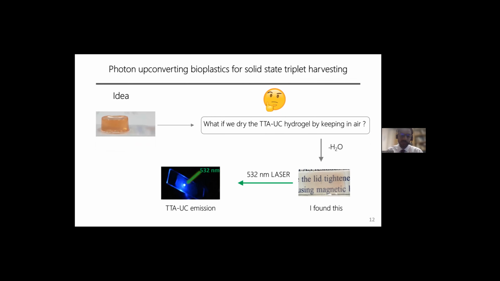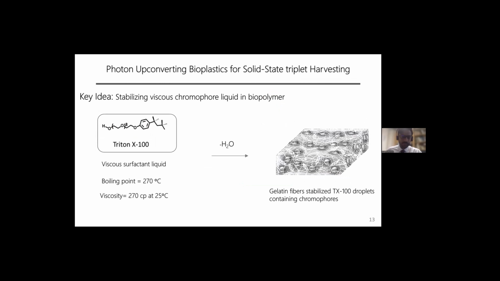This was quite surprising because generally, when you go from the solution state to the solid state, concentration quenching occurs, but it didn't happen in this particular case. But why? The reason was that we used a liquid surfactant to form a co-assembly in the water system, which has a high boiling point.